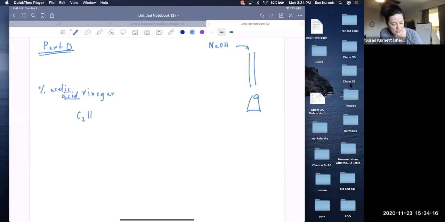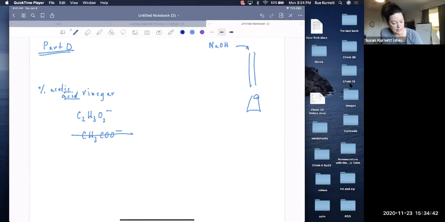Acetate is C2H3O2, which is something you should all know just by heart at this point. But I recognize that because we're online, it's really easy just to have that table next to you. But this is the correct way to do it. And if students are writing it this way, I know that they're Googling because we haven't learned that in our class. Don't do that.